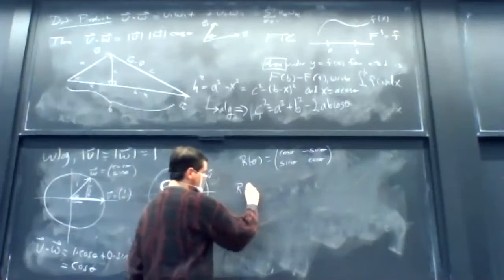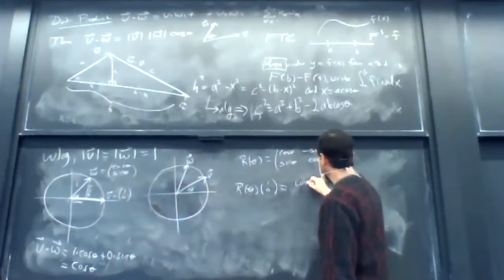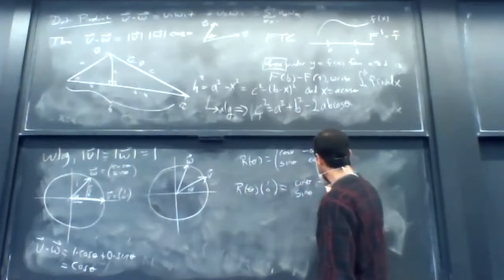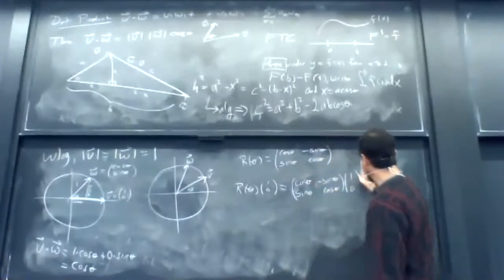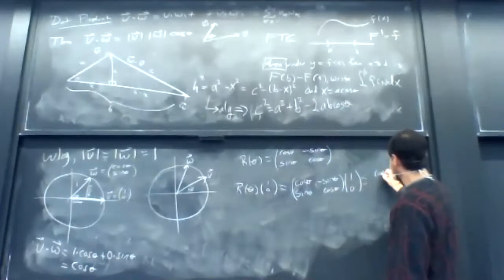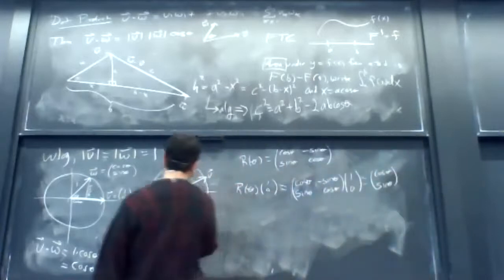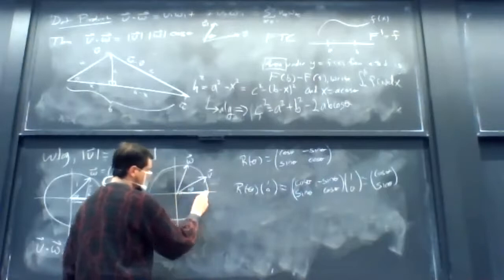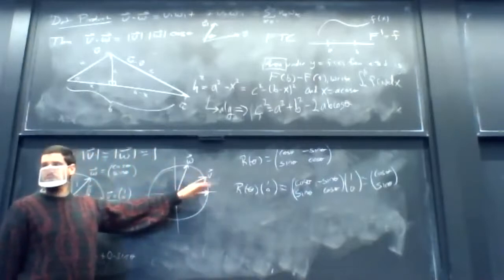So if I take R theta, cosine theta, minus sine theta, sine theta, cosine theta, acting on 1, 0, I get cosine theta, sine theta. So what that does is R of theta takes the x-axis and rotates it theta degrees up, or theta radians up.